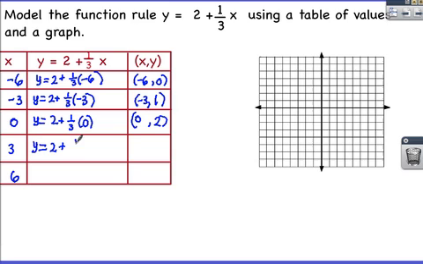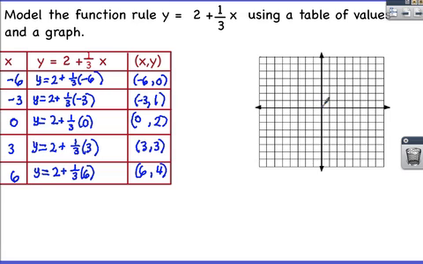Substitute 3. 1/3 times 3 is 1. 1 plus 2 is 3. And finally, we substitute in 6. 1/3 times 6 gives us 2, plus 2 is 4.